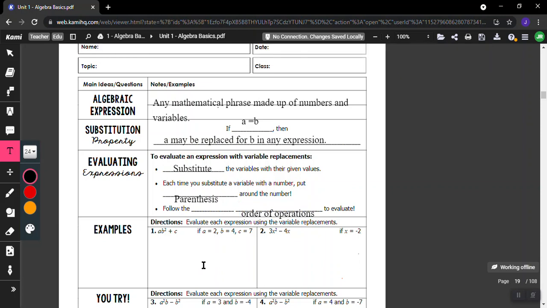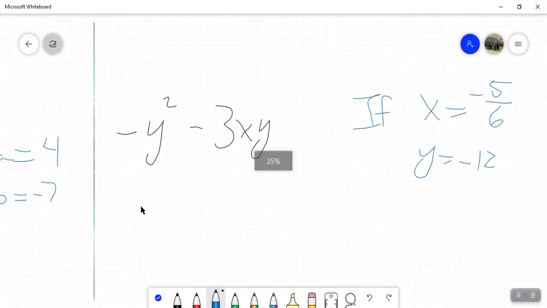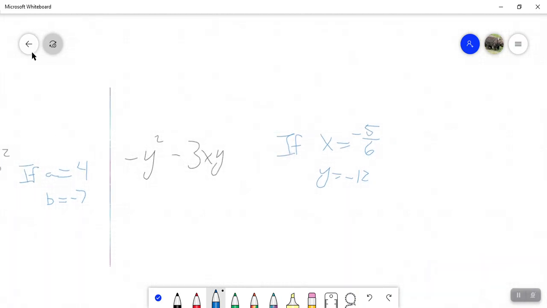Okay, now that you're back, we're going to do some practice examples, and we're going to go over what it means to evaluate an algebraic expression. So I'm going to go to my whiteboard here, and as you can see, I've written down numbers 2, 4, and 6.